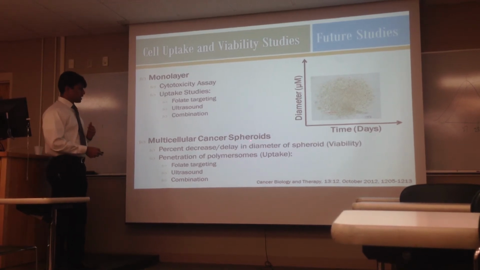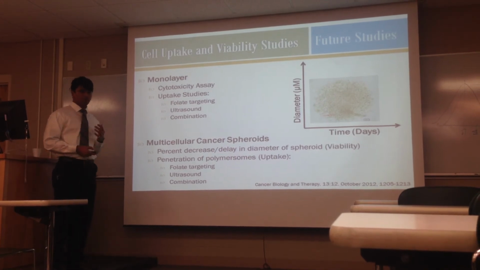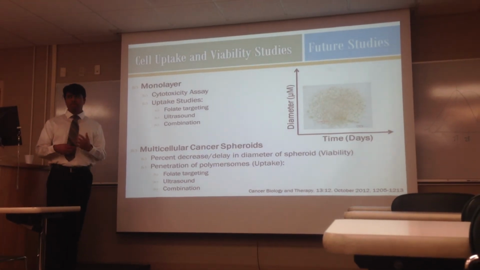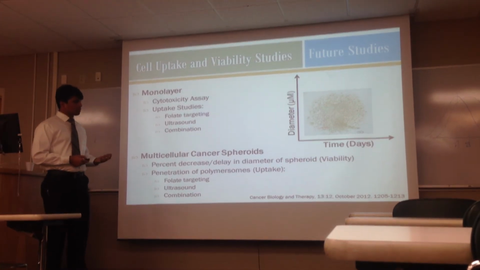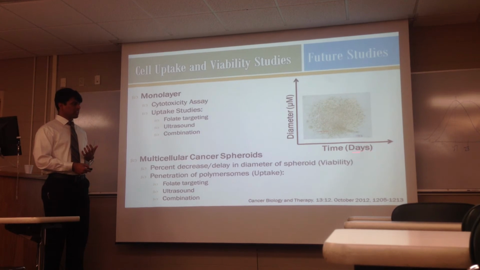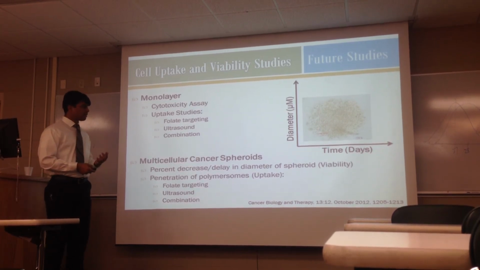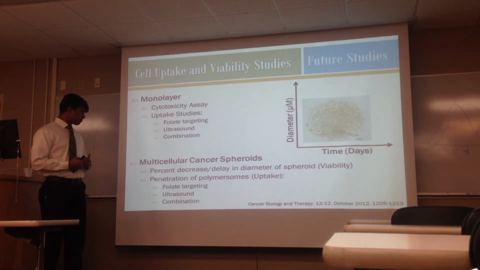With multicellular cancer spheroid, we will be checking the percent decrease or delay in the diameter of the spheroid. When we incubate our polymersomes with the spheroid, there will be delay or decrease in the growth of the diameter of the spheroid. So for that purpose, we'll be having a calibration curve where we'll have time in days on the x-axis and diameter of spheroid on the y-axis, and we'll be checking the diameter of the spheroids over a period of time.